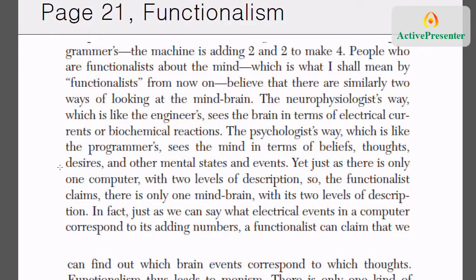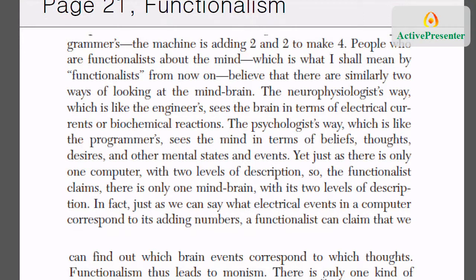In fact, just as we can say what electrical events in a computer correspond to its adding numbers, the functionalist can claim that we can find out which brain events correspond to which thoughts. And then, just right there, functionalism thus leads to monism.